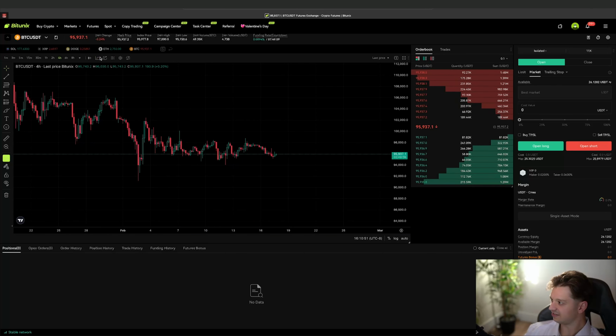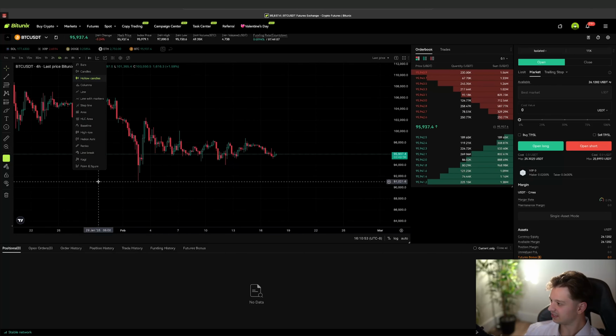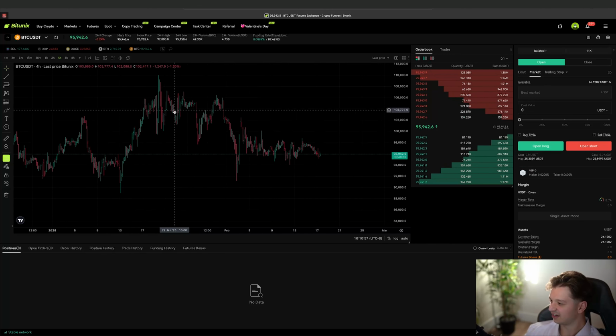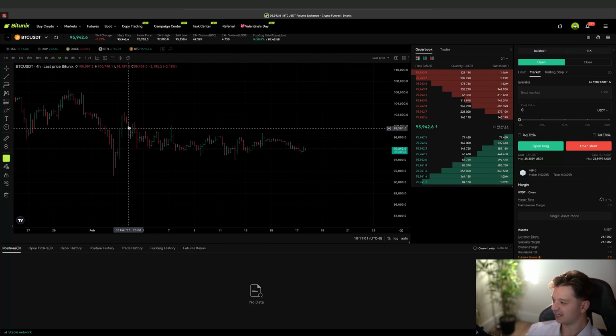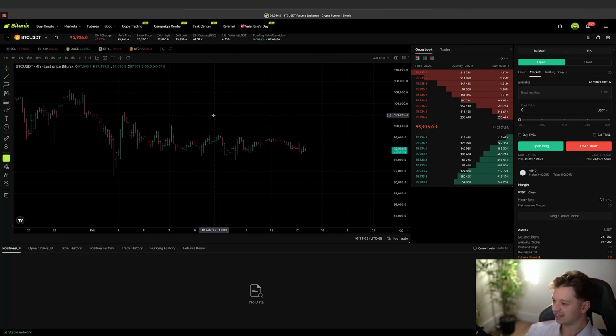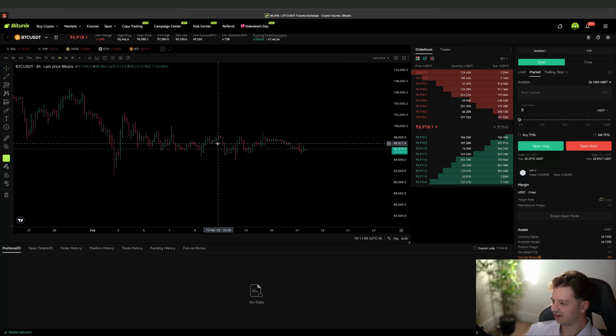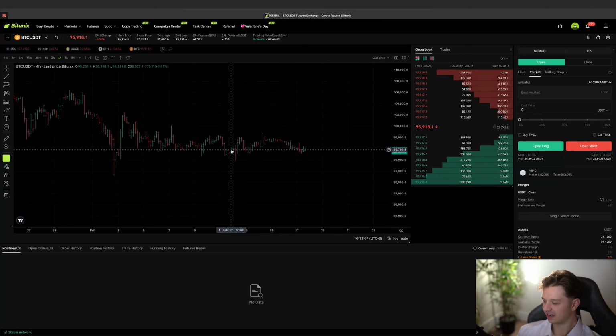You can also change it to something like a bar chart. This is pretty common in the stock market. A lot of people like these. It just gives you a basic price chart with the opening and closes.